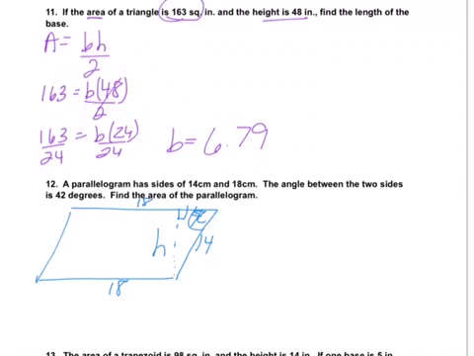So I'm trying to find h, which is opposite. This thing right here, h is opposite, and this is hypotenuse. So opposite over hypotenuse is sine. Sine of 42 equals opposite, which is h, over 14. So h equals sine of 42 times 14, which is 9.3.